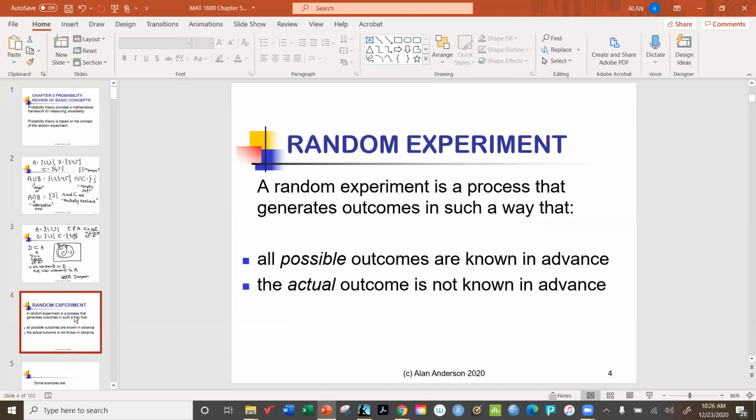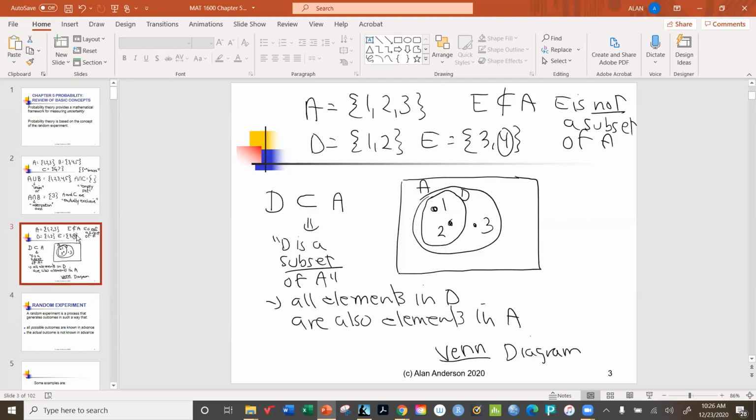So all of probability theory is based on the premise that some type of a process or experiment is taking place, which generates outcomes which are not known in advance. So this could refer to a lot of things.